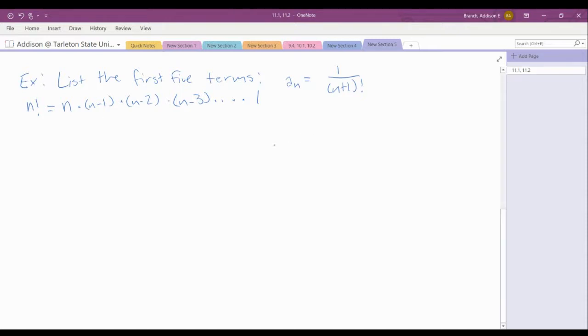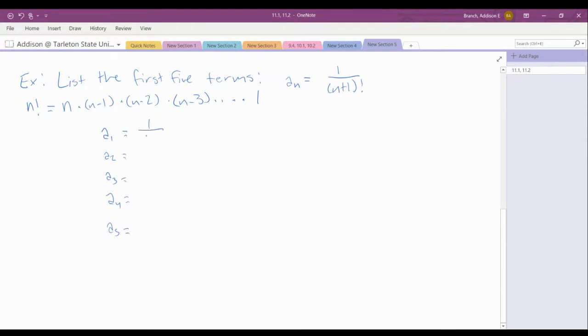So we're going to list our first 5 terms. Let's write these down as a sub 1, a sub 2, a sub 3, a sub 4, and a sub 5. We can go ahead and plug in our n for each one of these.